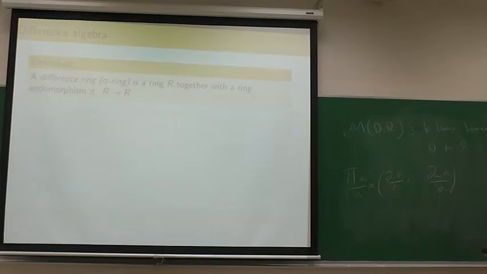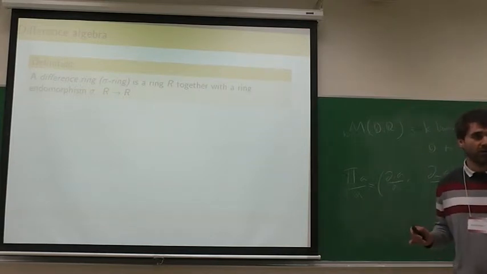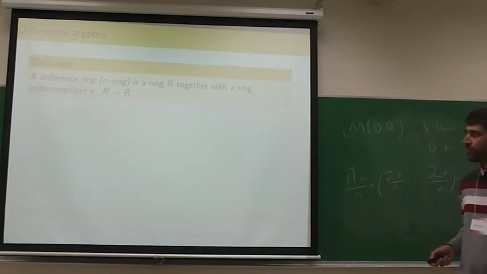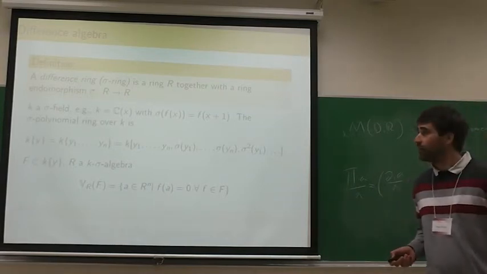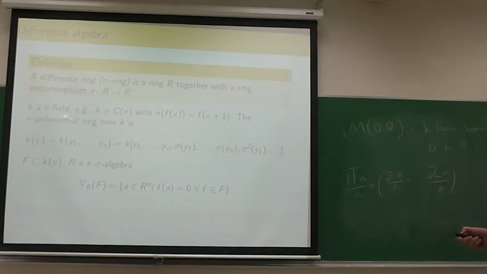Difference rings are really the basic objects in difference algebra, like commutative rings are the basic objects in commutative algebra and algebraic geometry. A difference field is just a field with an endomorphism, and the classical example is that you take the rational functions with the shift operator, so sigma of f of x is f of x plus 1.